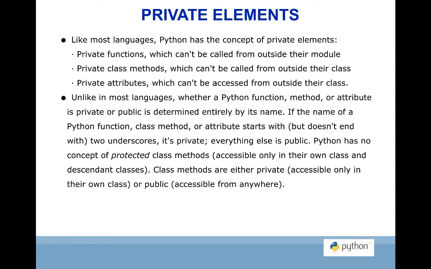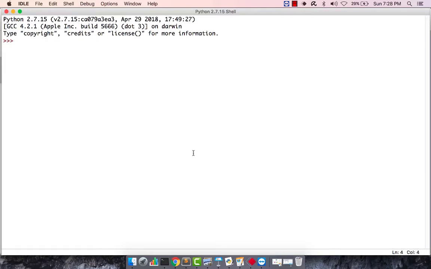Now we'll see practically, with the help of a small program, how we define a private element in Python inside a class. Let's take a simple class, foo counter, with a colon.